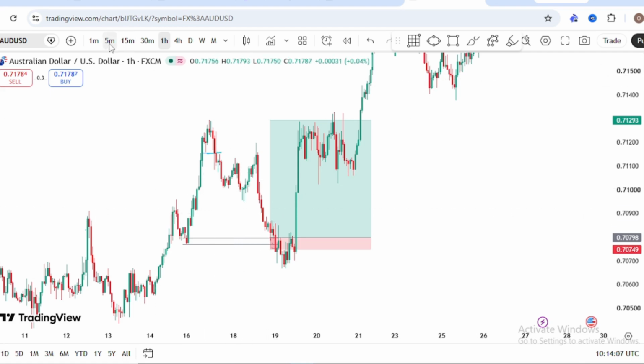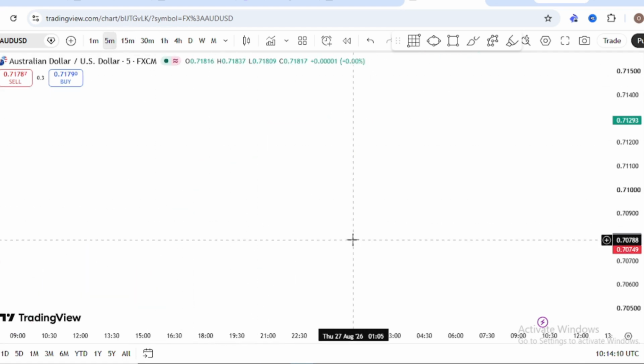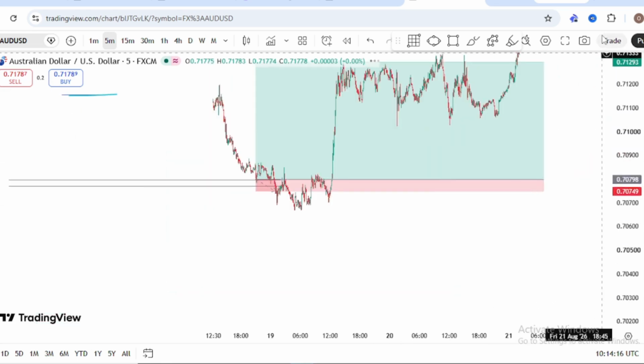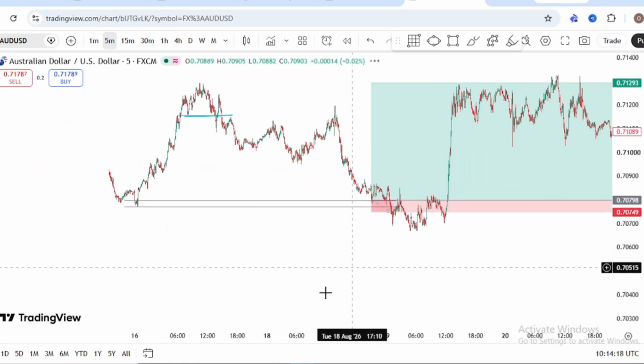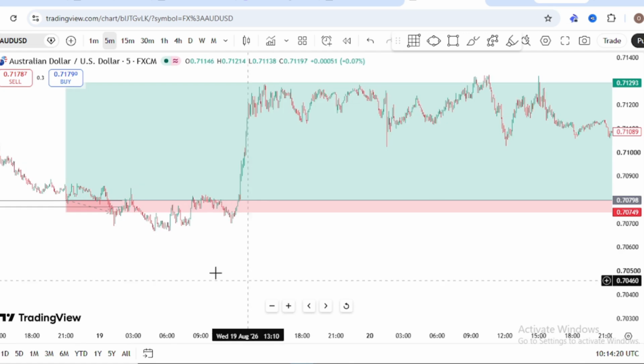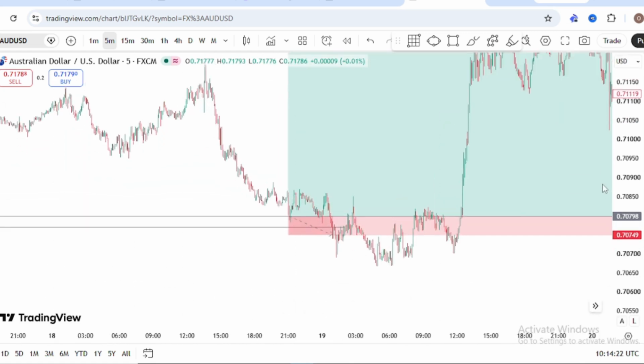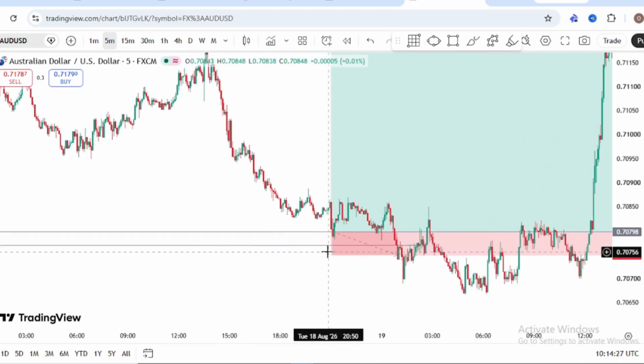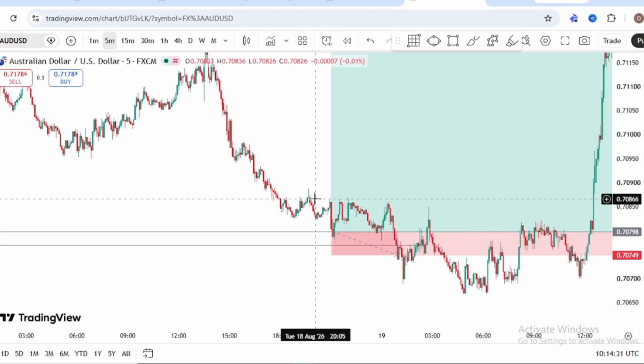Let's go back to 5 minutes time frame and look at how it is here. Zoom out, please. From here, you can see clearly that when price got to this POI, there was no market structure shift.